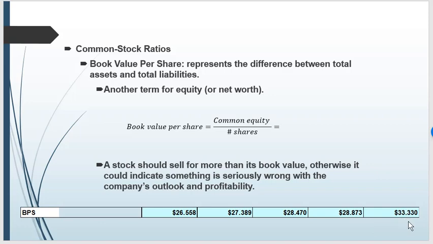The last year was around $33 book value per share. So think, if you wanted to build a company that looks exactly like this company, it would cost you roughly $33.33 per share to build this company by building its assets.